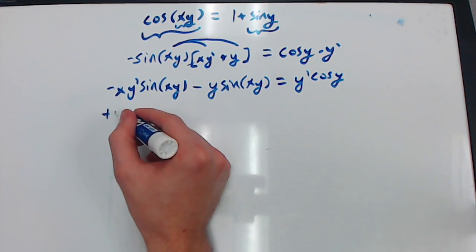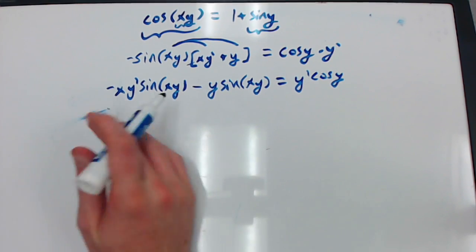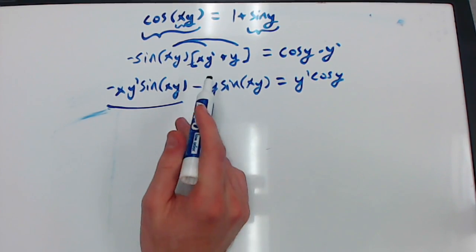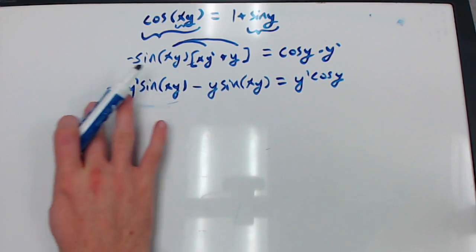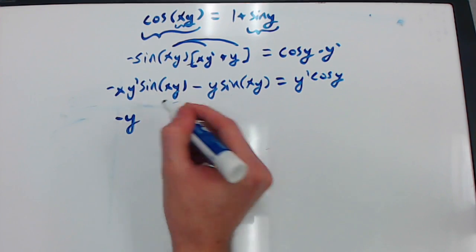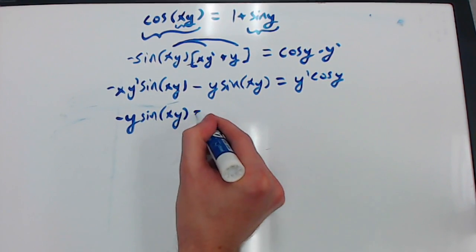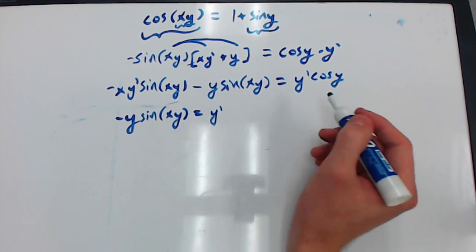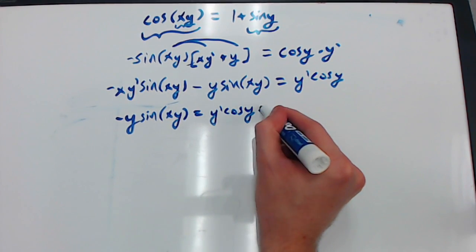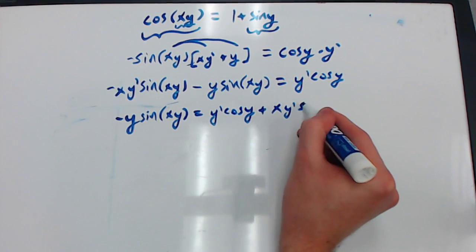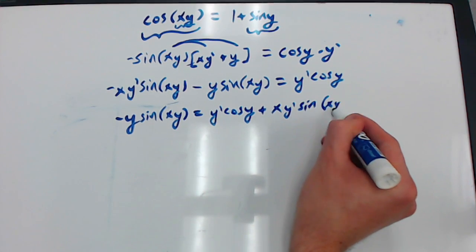Now we can add both sides by this whole term. So we're going to add this to both sides and end up with negative y sine of xy is equal to y prime cosine of y plus xy prime sine of xy.